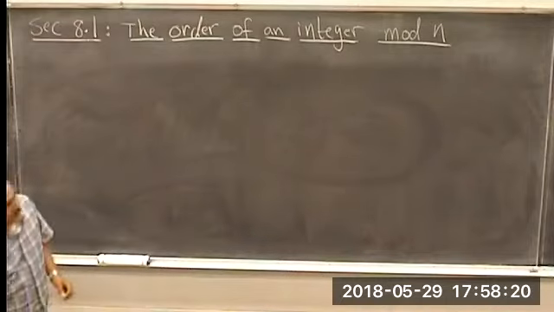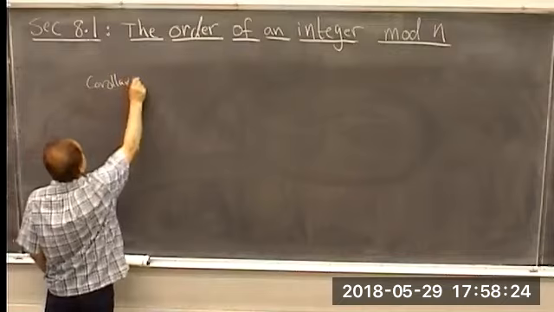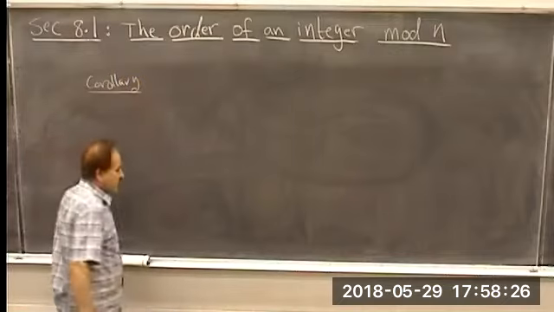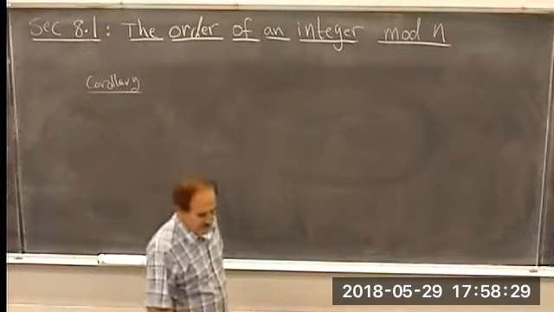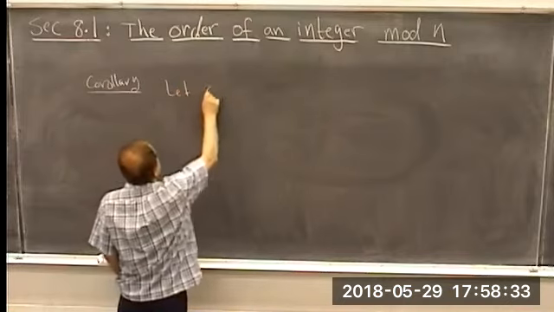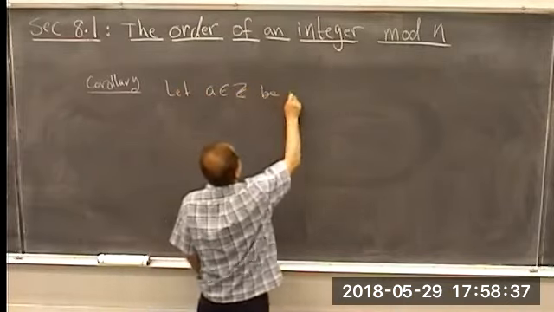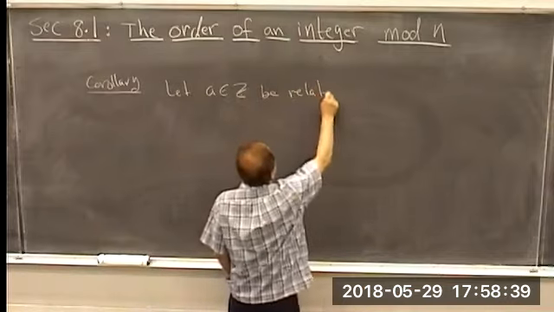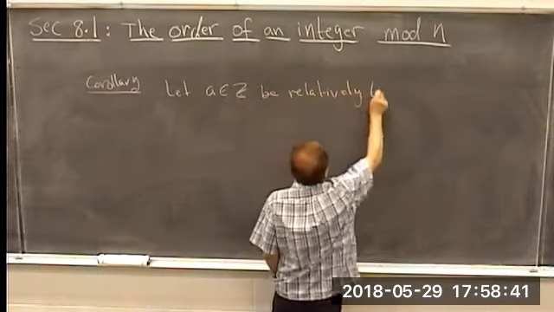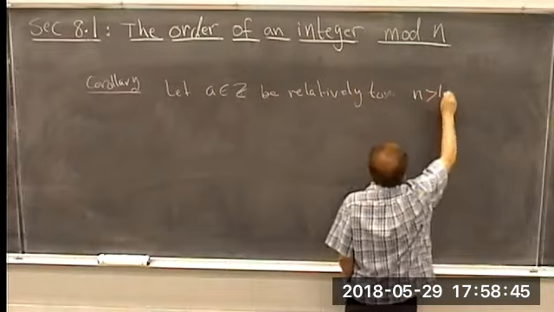So then we have: let A be an integer relatively prime to n, where n is bigger than 1.